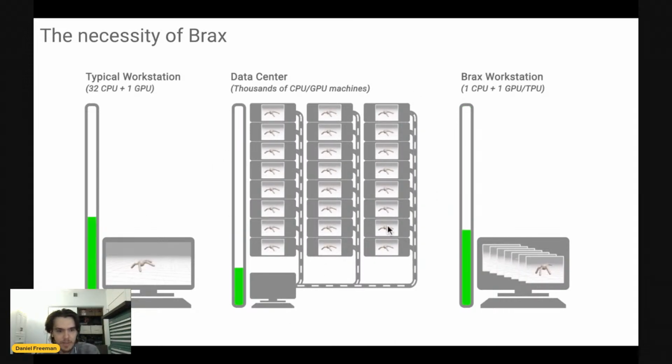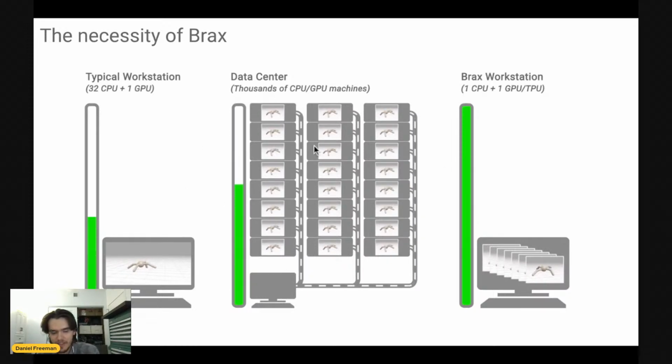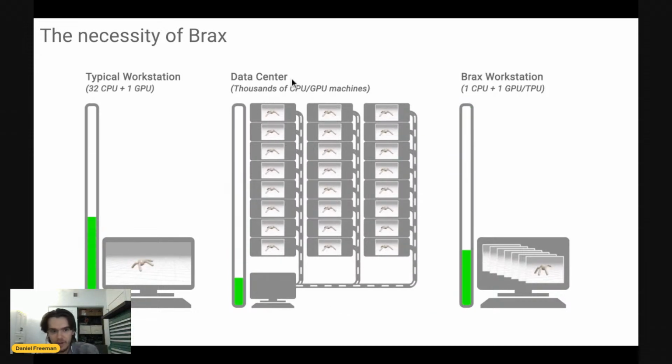Like this picture in the middle here, each one of these CPUs was running one copy of Ant, more or less. So there's just a ton of room to accelerate this process when you vectorize over things, when you don't have to deal with network latency for sending data across the wire to some central server. This was an easy opportunity, I would say.